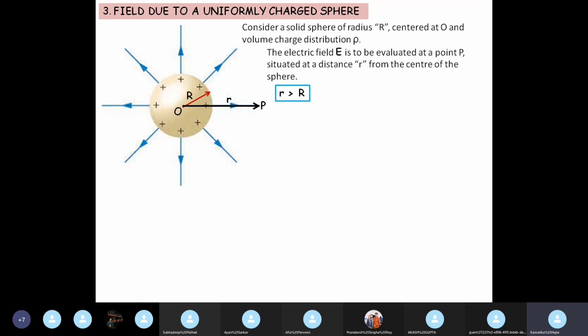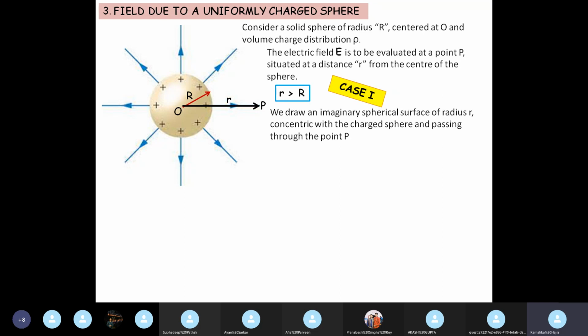If it is said that the point P is situated outside, then you can just do the problem for a point P situated outside and leave it at that. But if it is not mentioned whether P is outside or inside the sphere, then you have to consider all the cases. So this is case 1, where the point P is outside the sphere and small r is greater than the radius of the sphere.